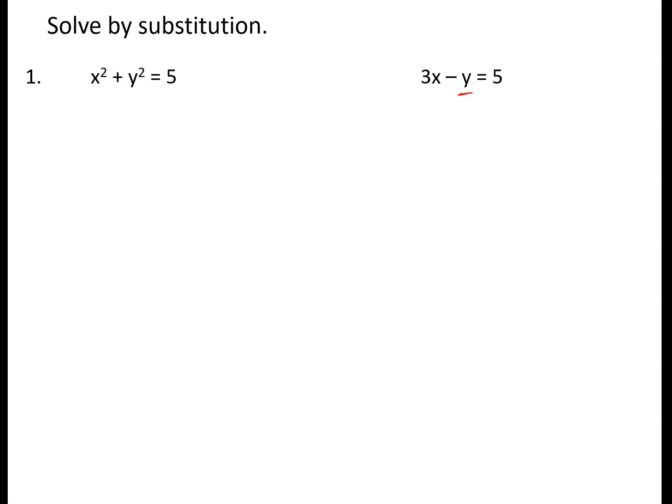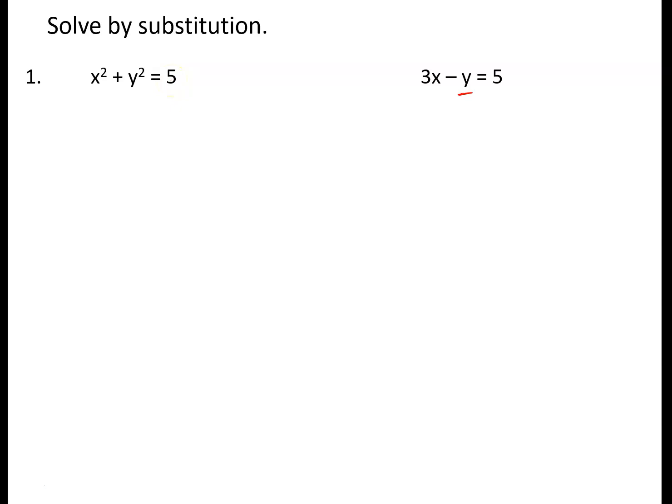So before we do that, let's think about also graphically what we would be graphing if we did graph these two equations. The first one has an x squared and a y squared in it. If both variables are squared, that would be a circle. We studied those a while ago, so I don't know if you remember that, but this would be a circle. It would actually have center 0, 0, and the radius would be square root of 5.